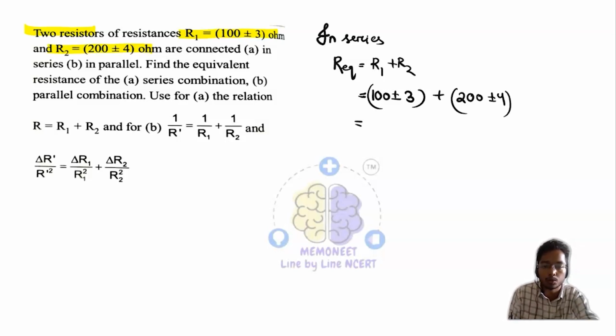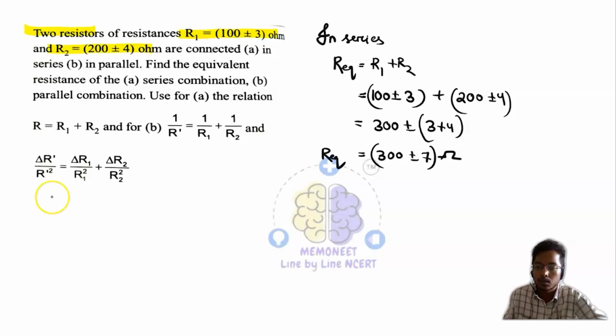If we solve it, 100 plus 200, that is the mean value, 300, plus or minus the errors are just added, that is 3 plus 4, so 300 plus or minus 7 ohm. This is R equivalent.